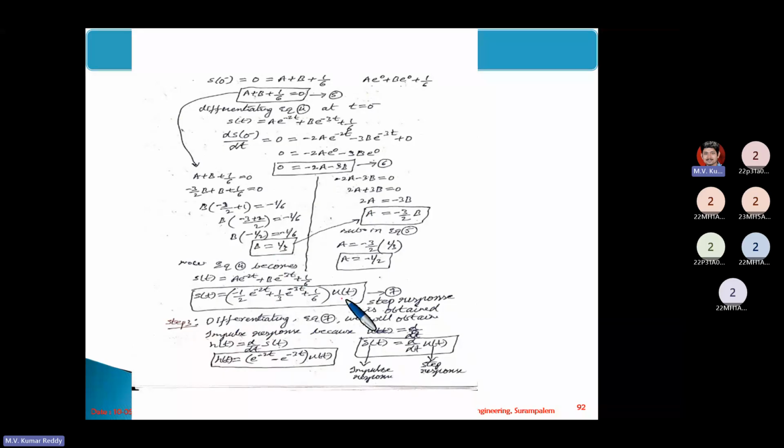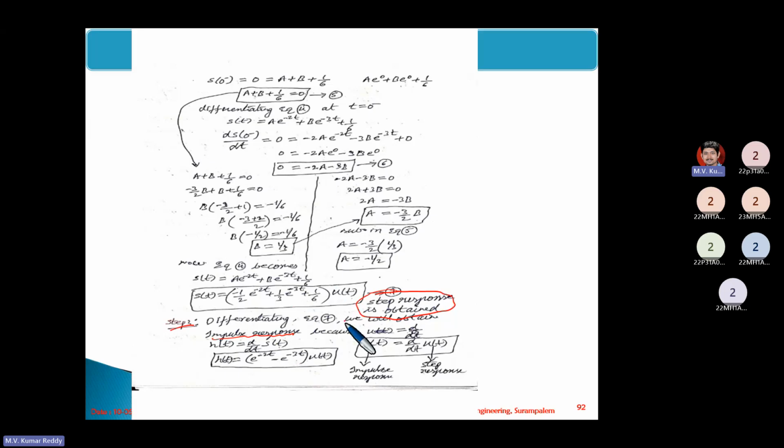And step 3. Here, what is step 3? This is the step response. Finally you will get the step response. After getting the step response, in step 3 we will differentiate the step response to get the impulse response.